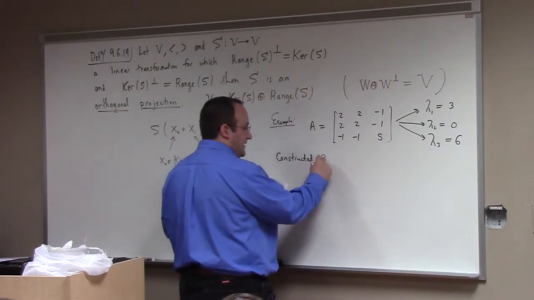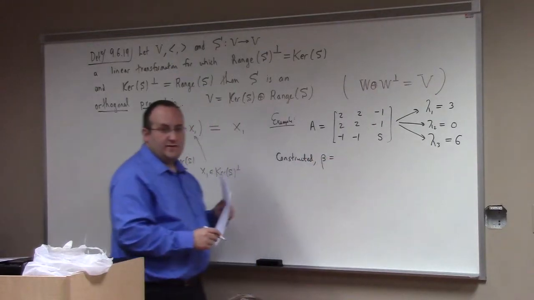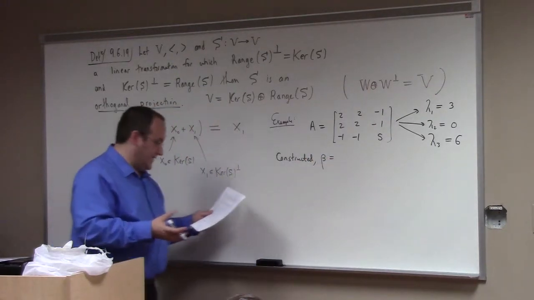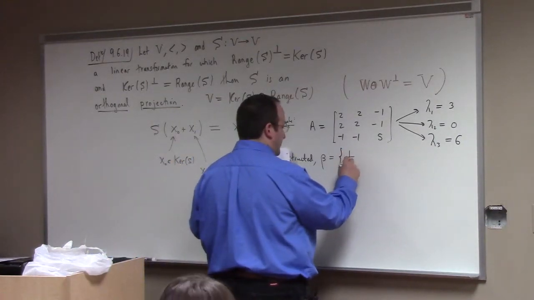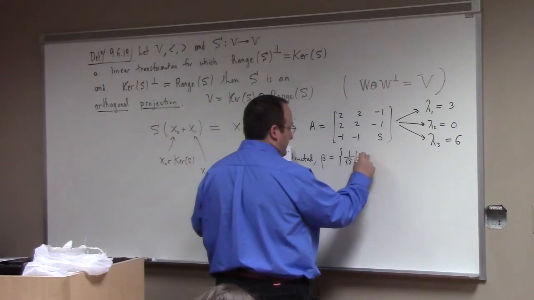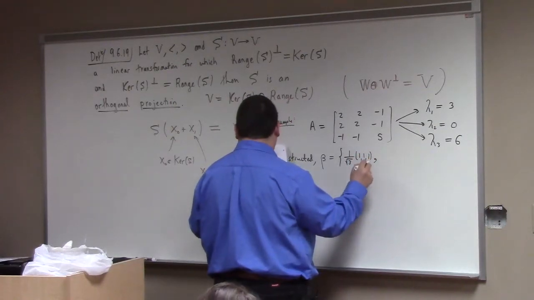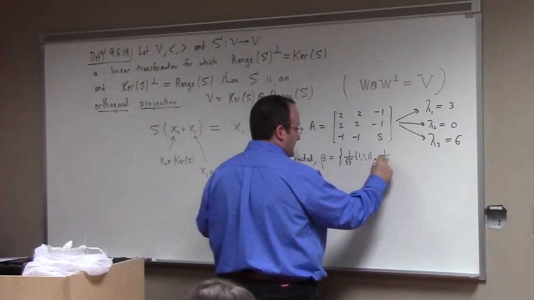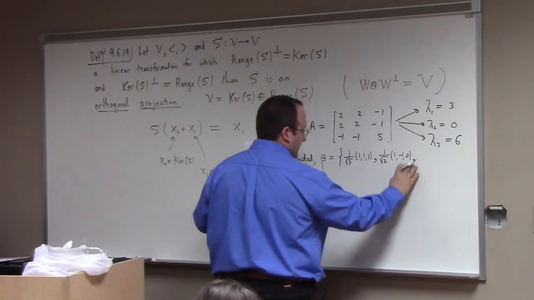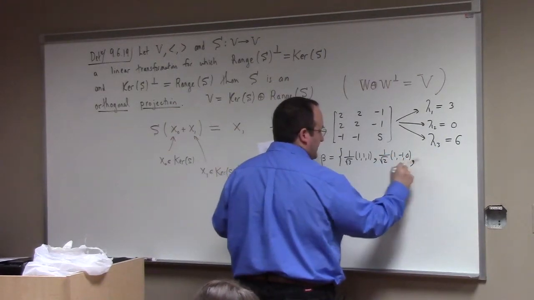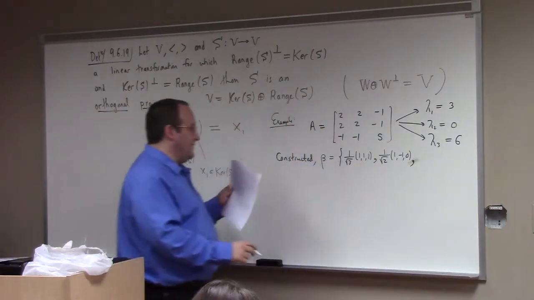I constructed an orthonormal basis beta for R3 as follows. My first vector was 1 over the square root of 3 times (1, 1, 1). Then I made something perpendicular to that, 1 over the square root of 2 times (1, -1, 0). Now I was trying to find an orthonormal basis for R3. How do you think I made my third vector?